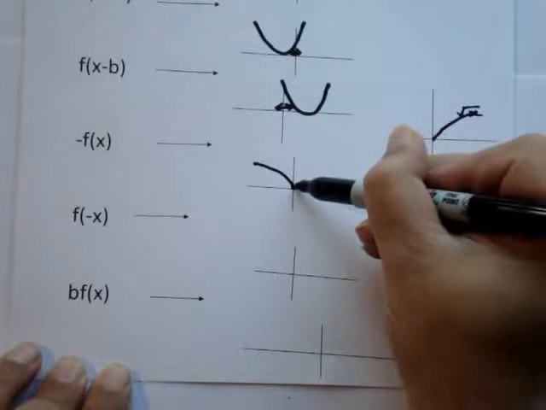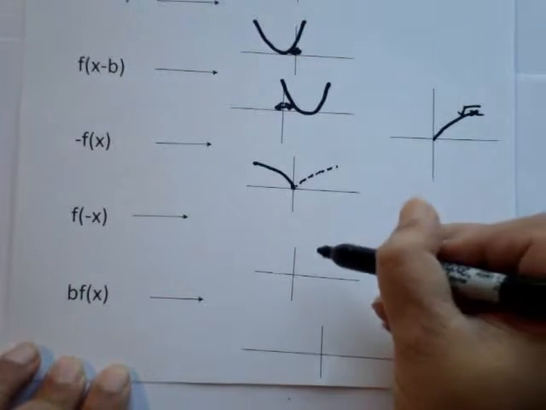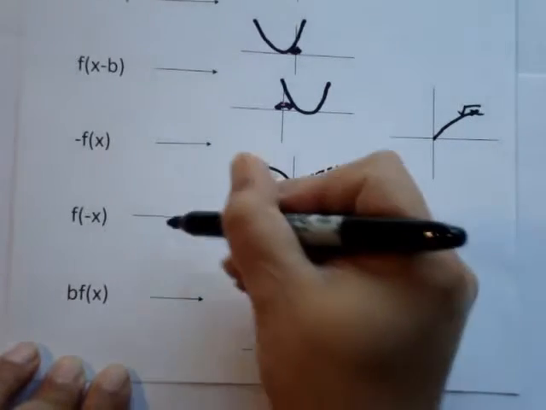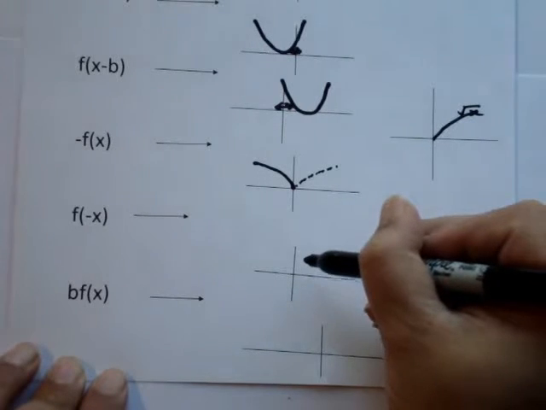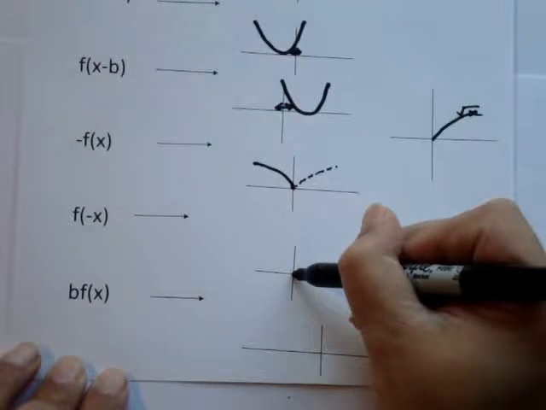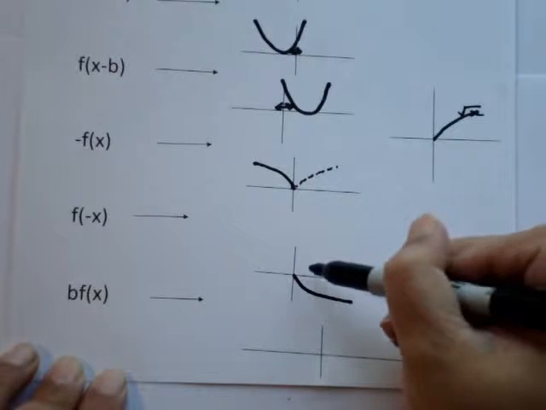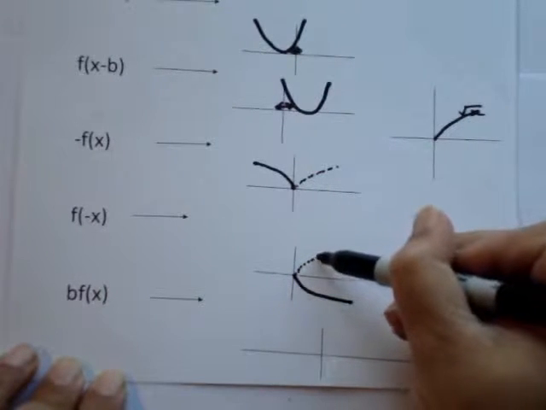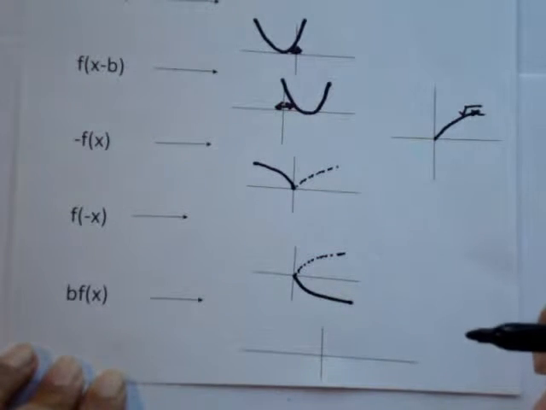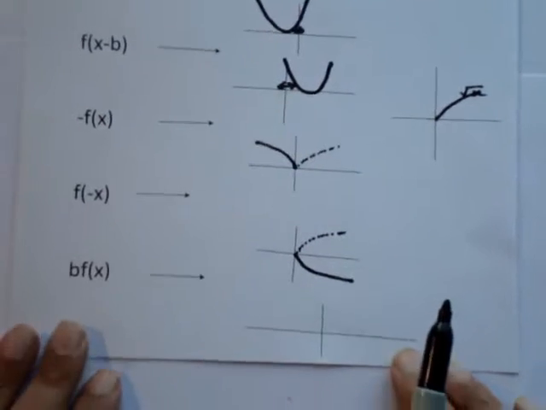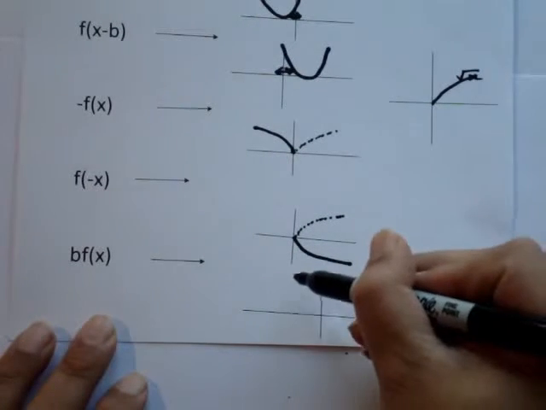Originally it was a dotted line, and it's been reflected. In this case, it's a reflection in the x-axis, so it would go like this. So originally it was this, reflected in the y-axis.